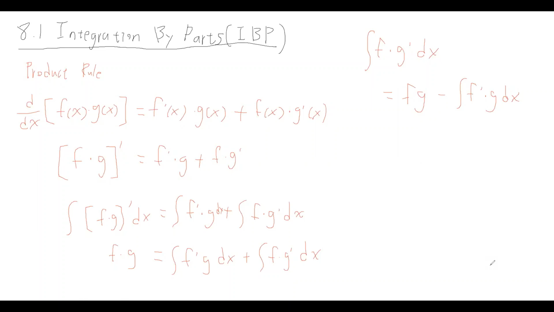Here, integration by parts can be thought of as the opposite of the product rule. Derivative is the opposite of integration and vice versa. So integration by parts is a type of integration, and it's the opposite of the product rule, which is a type of derivative. All right, so let's move on.